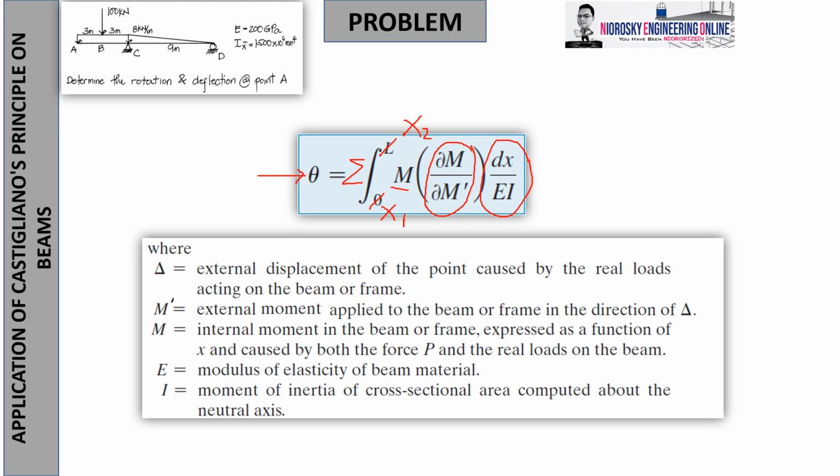So, yung delta, I think we should replace by theta, actually external rotation, of the point caused by the real loads acting on the beam frame, and M will be represented by the moment force, replaced by moment force M prime. So, yan lang yung magiging difference ng dalawa. Okay?